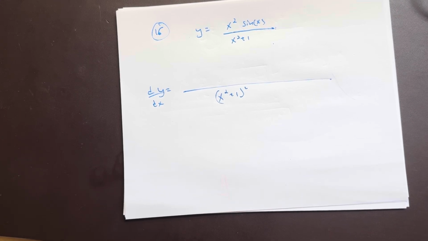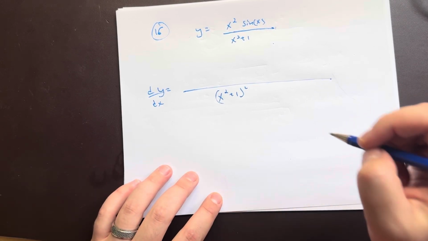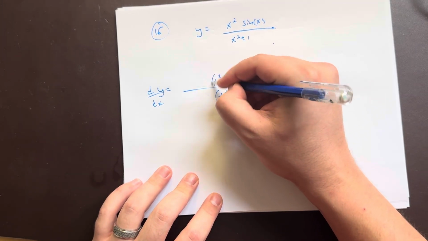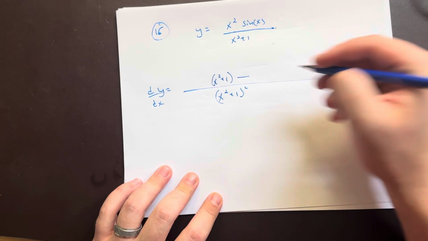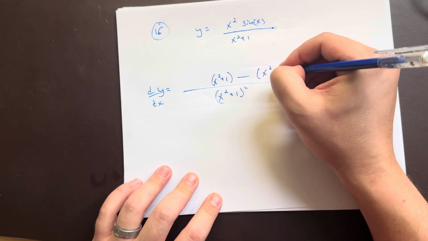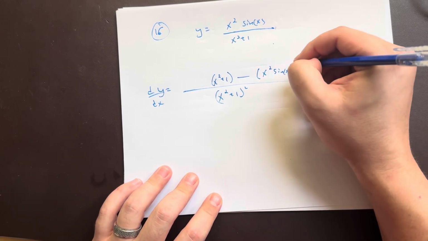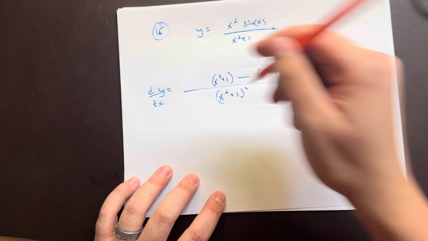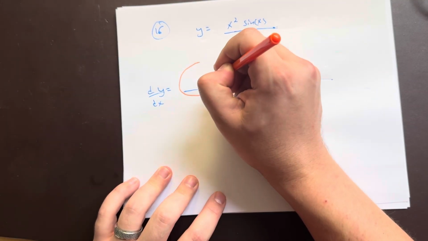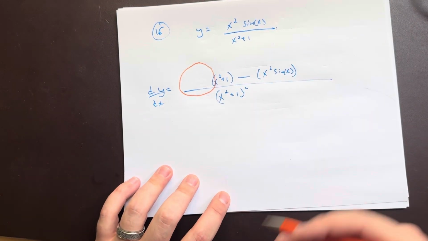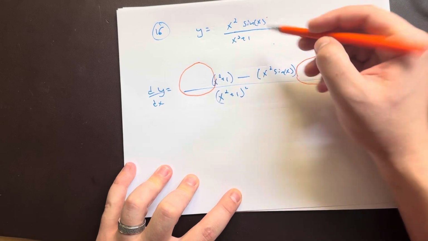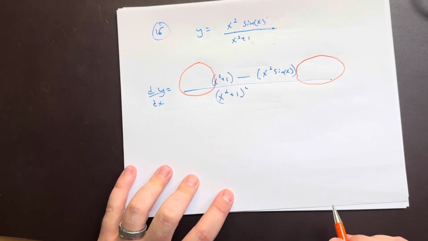Very exciting. I'm also going to do this. I'm going to put x squared plus 1 in parentheses in the front of my numerator and x squared sine x in parentheses there. Because I know that in this spot eventually is going to be the derivative of my numerator, and this spot eventually is going to be the derivative of my denominator.